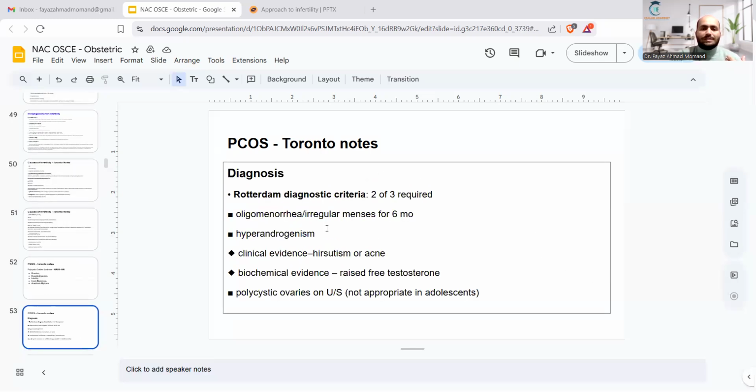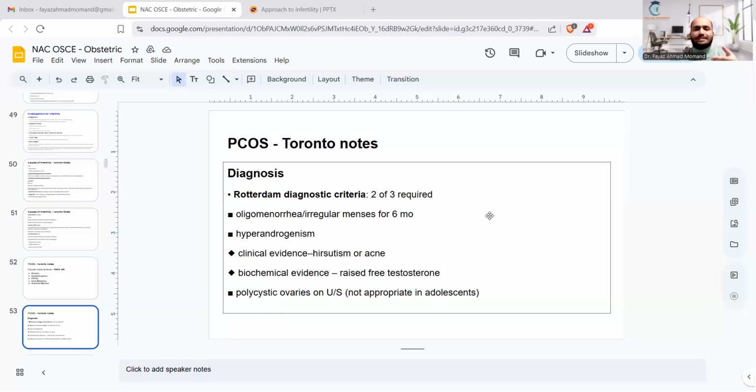For diagnosis of PCOS, we use Rotterdam criteria, and 2 out of 3 symptoms must be present. One of them is going to be either oligomenorrhea or amenorrhea or irregular menses for at least 6 months.